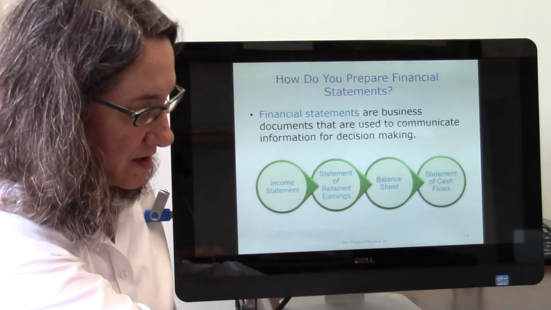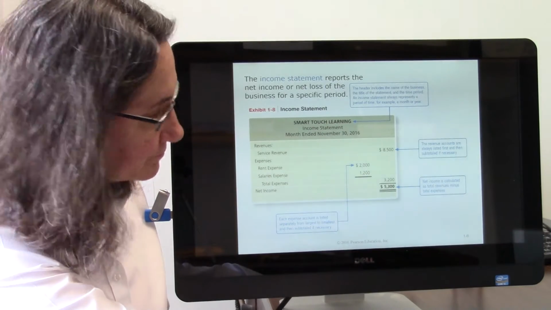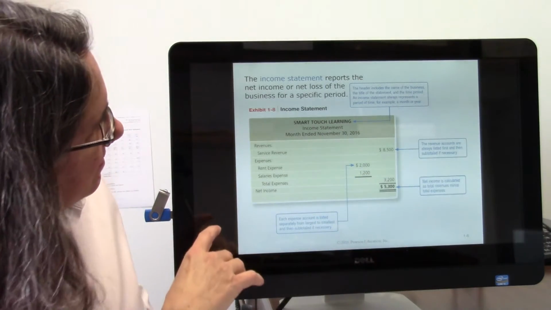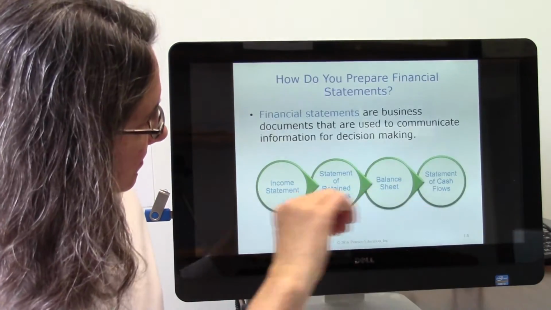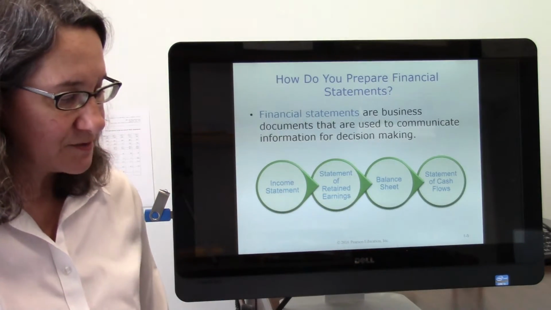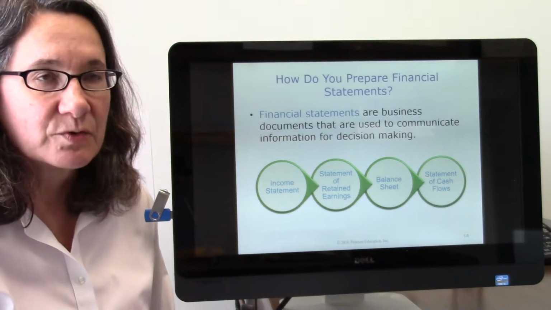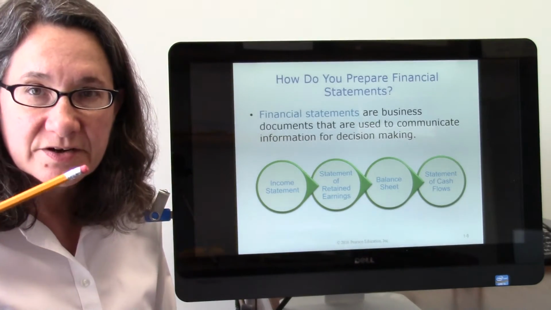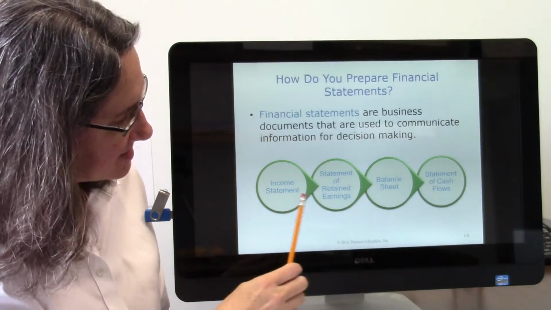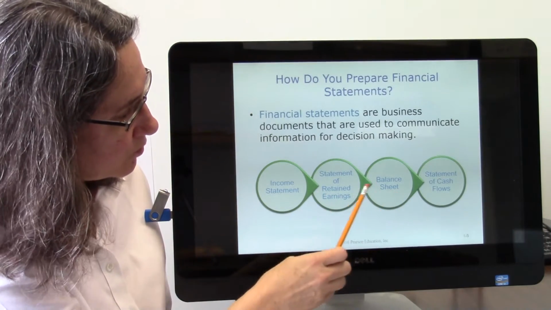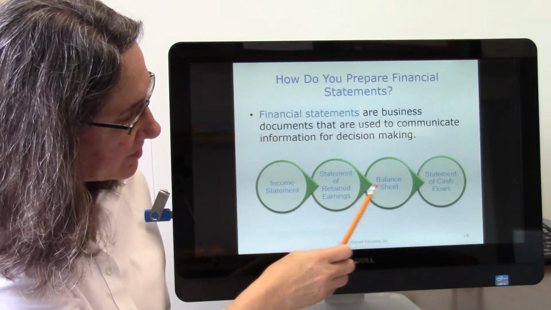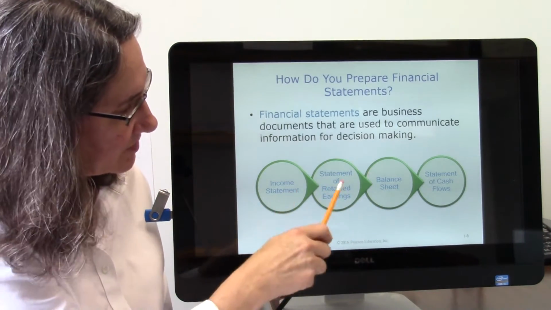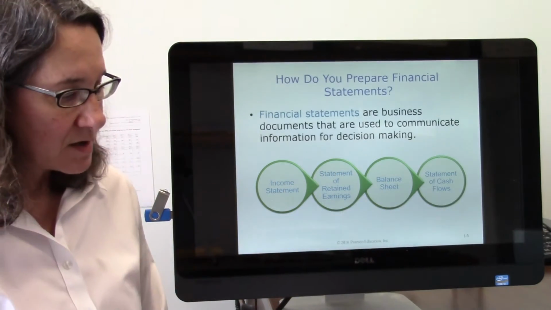So, if you'll recall, retained earnings was one of those accounts that was under equity. So it should make sense that we need this information about retained earnings to go on our balance sheet. So that's why they're going in this order, right?